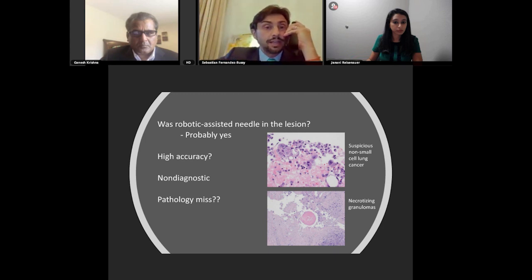Yes, probably yes. So was this a high accuracy? But anyhow, it was non-diagnostic. So was this a pathology miss? Because as you can see, the wedge, the surgical resection, the final pathology was actually necrotizing granulomas and not malignancy.